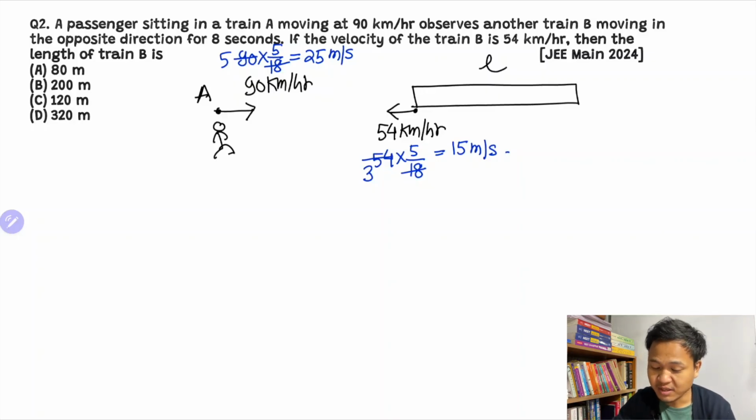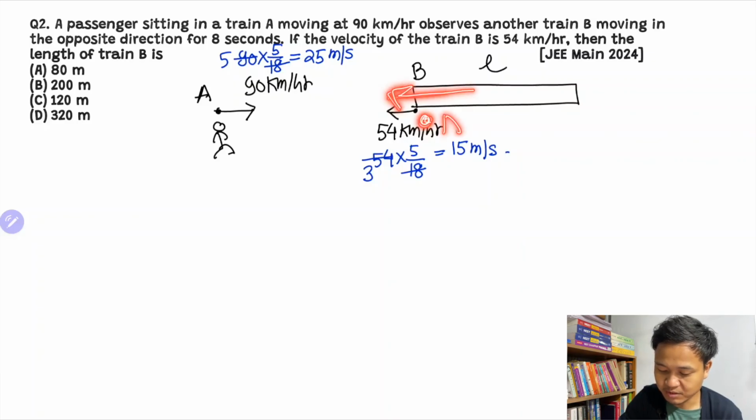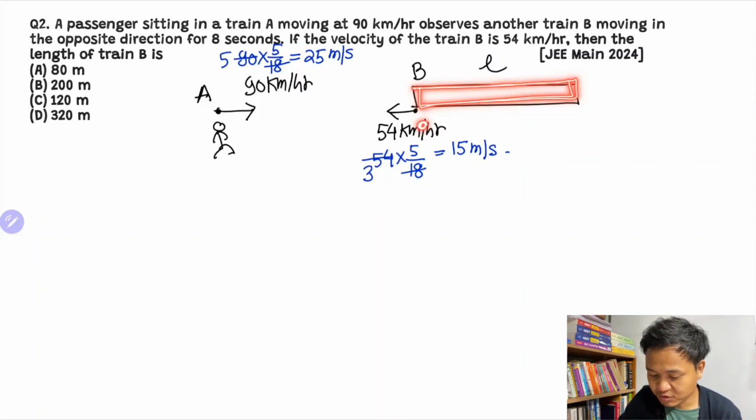A is a person observing the train B. The train is moving like this, and it takes 8 seconds to pass this person A. For the whole length of the train to pass through this point, it takes 8 seconds.